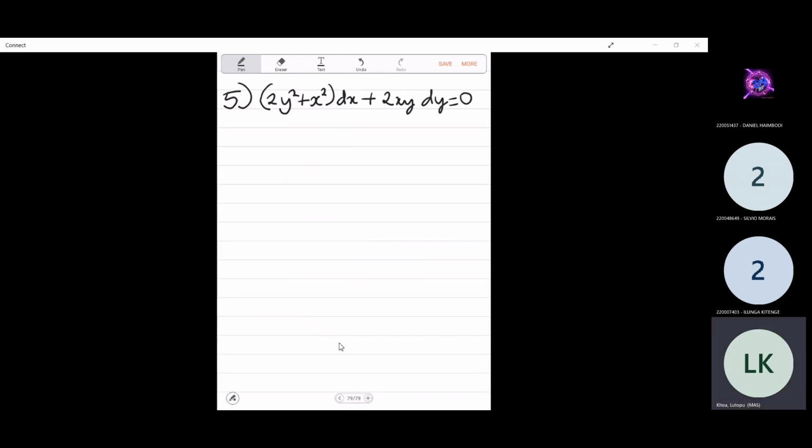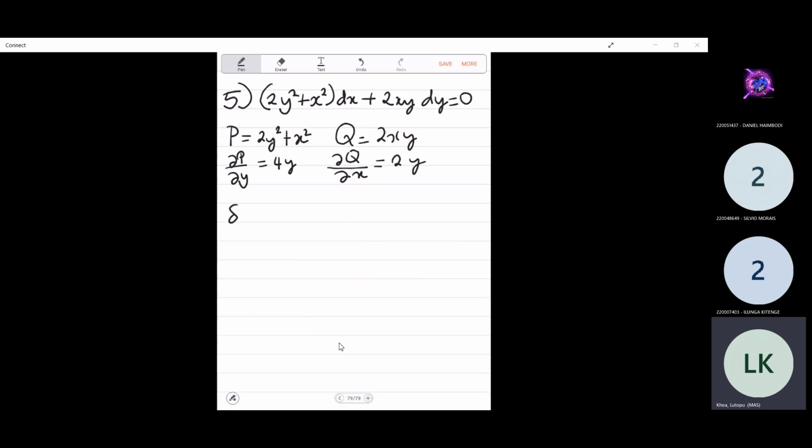Okay, this is 0. This means our p is 2y squared plus x squared. This is 2xy. So dp dy, this is 4y, and dq dx, this is 2y. So this is definitely not exact.